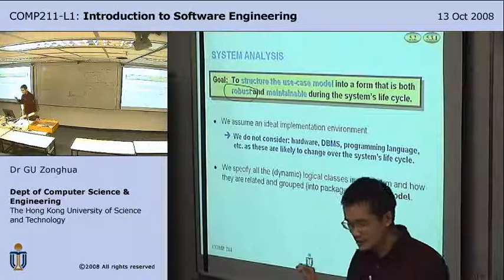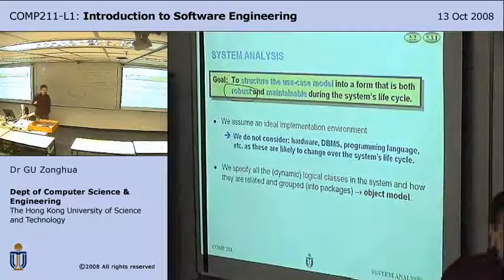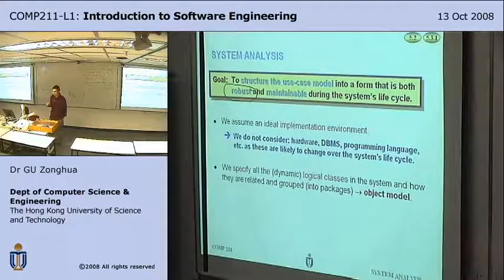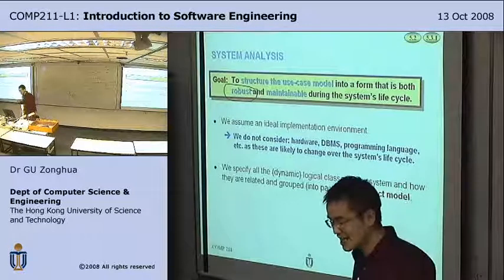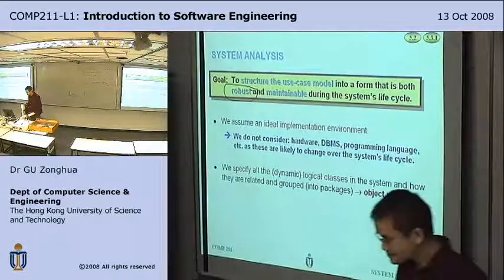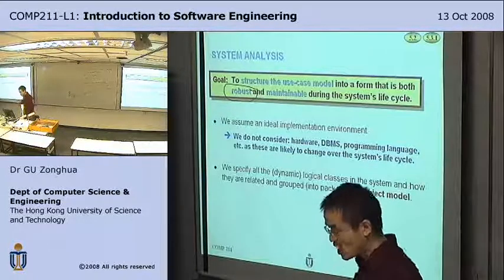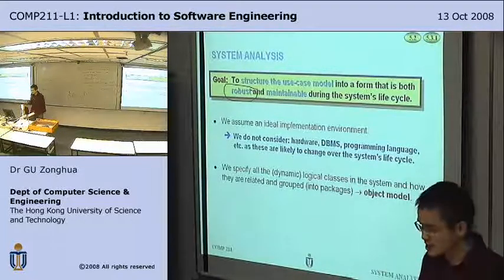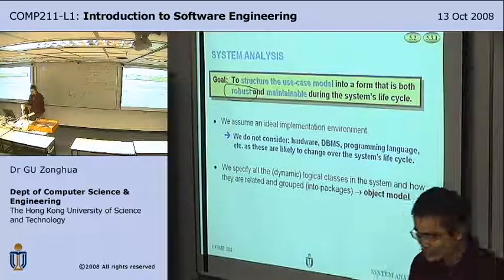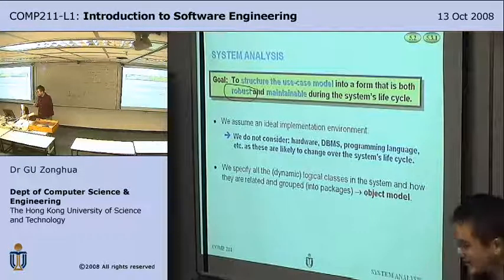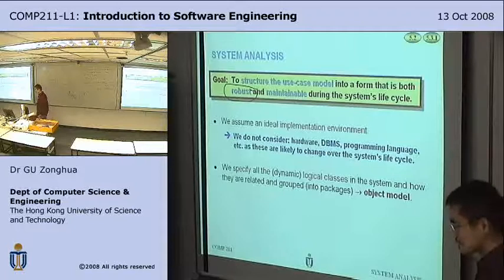This is a class design, but it's dynamic class design, which means that it is different from domain models. Domain models are static classes. These classes are not mapped into databases directly. Dynamic classes, and how they are related and grouped into packages.